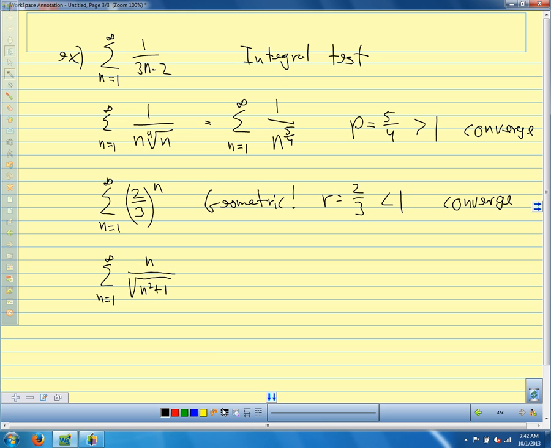Which one that we've learned so far could we use on this? Nth term test, does the nth term approach 0? The limit as n approaches infinity of the nth term? Let me write a hint. U equals n squared plus 1.